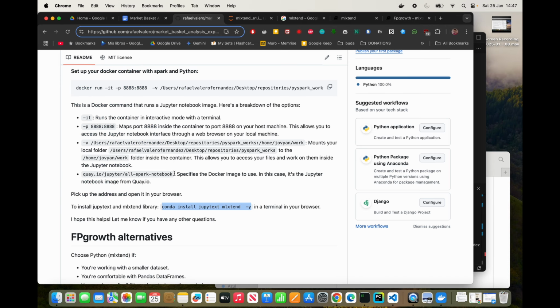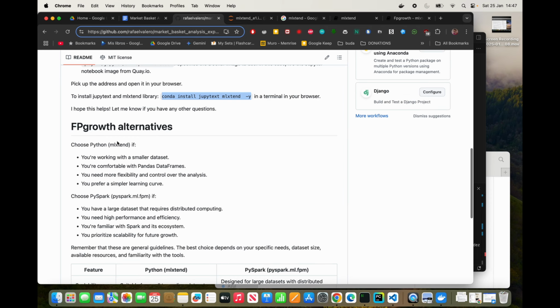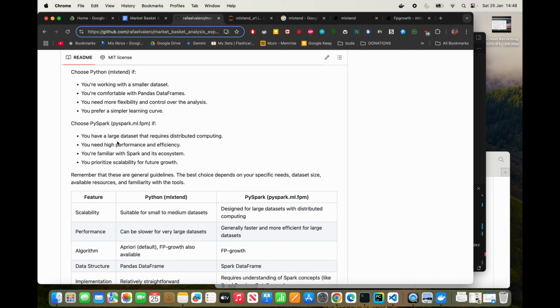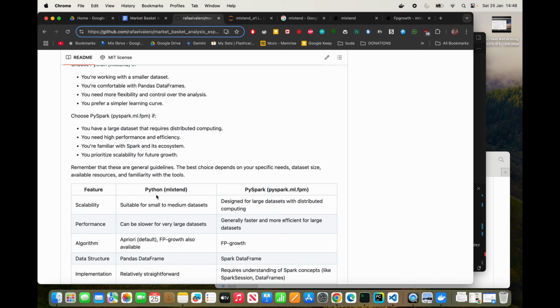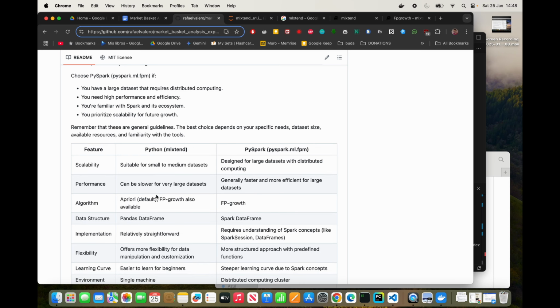But going back to the README, here you have a little bit of a comparison. Personally, you can use both Python and PySpark. I think in Python usually you have more algorithms and it is easier to draw. Years ago, R used to be really good for this kind of analysis, and probably it still is today.